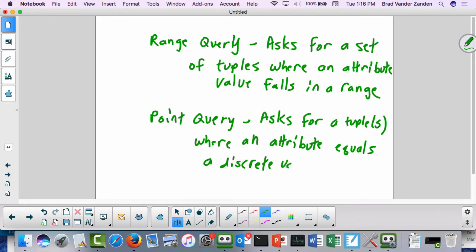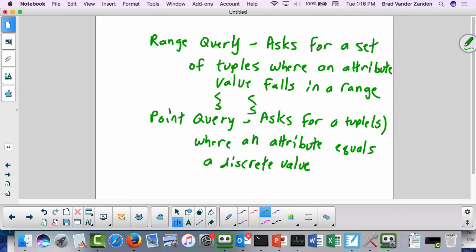You might say, like, where X in London or Glasgow or Knoxville. That's still a point query. A range query is what uses less than or less than or equal.